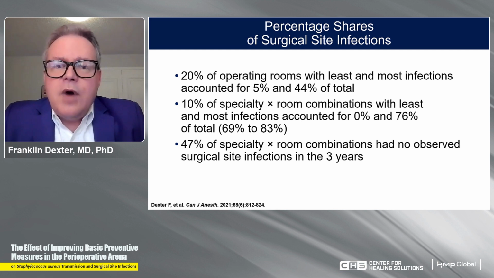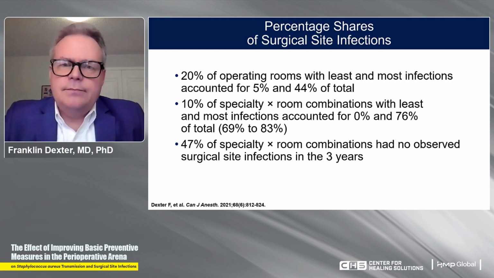So what you want to do, especially here, is not include the 47% of operating room and specialty combinations that didn't have a single observed surgical site infection in 3 years. Around 3/4 of all infections were from 10% of the specialty room combinations. So again, 3/4 of the infections by 10% of the specialty room combinations. You want to target that 10%.